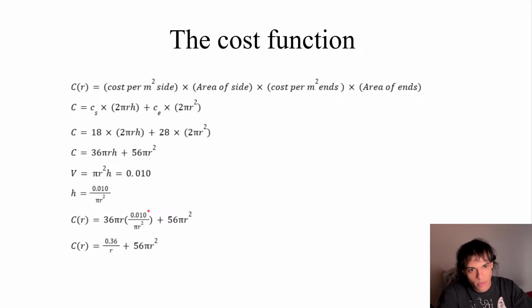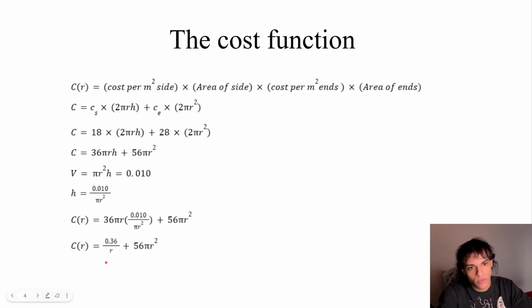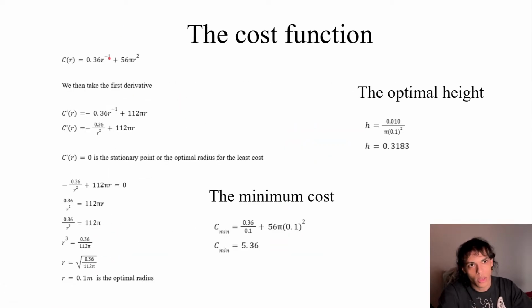We still don't have the r, but in order to find it, we need to take the derivative of this function in general. To make it simpler, we replaced it from this form into this form, so it's easier to do the derivation.